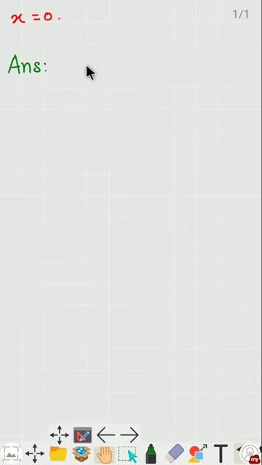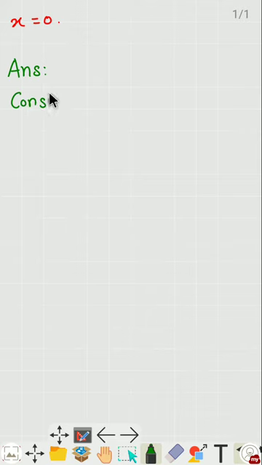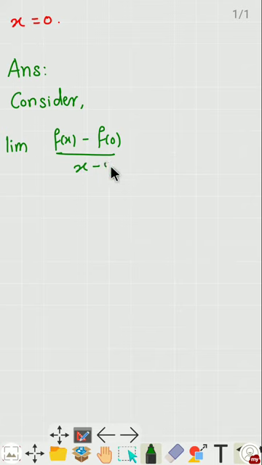Consider the limit of f of x minus f of 0 divided by x minus 0 as x tends to 0. We show that this limit does not exist.